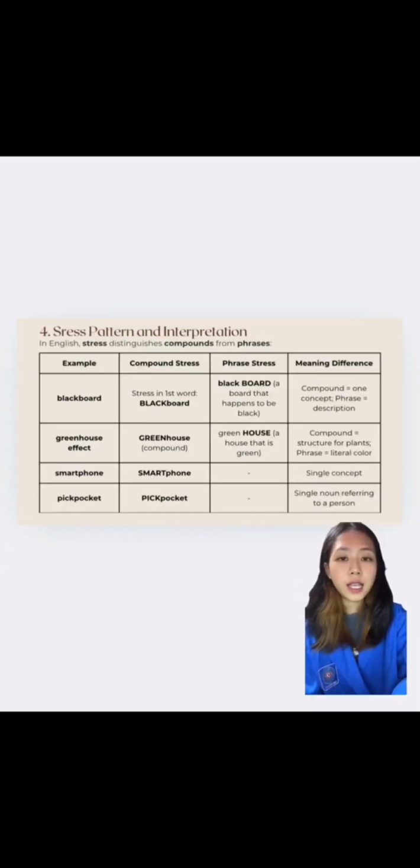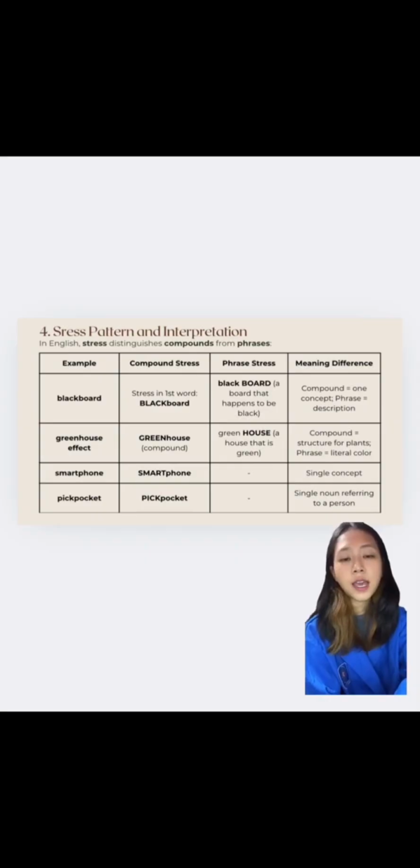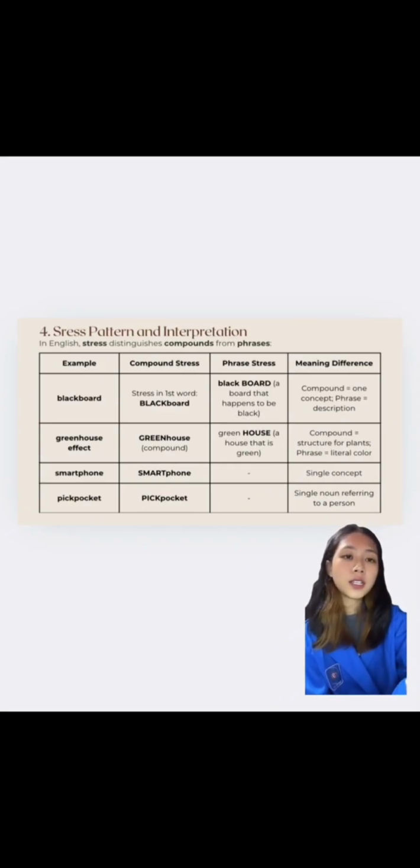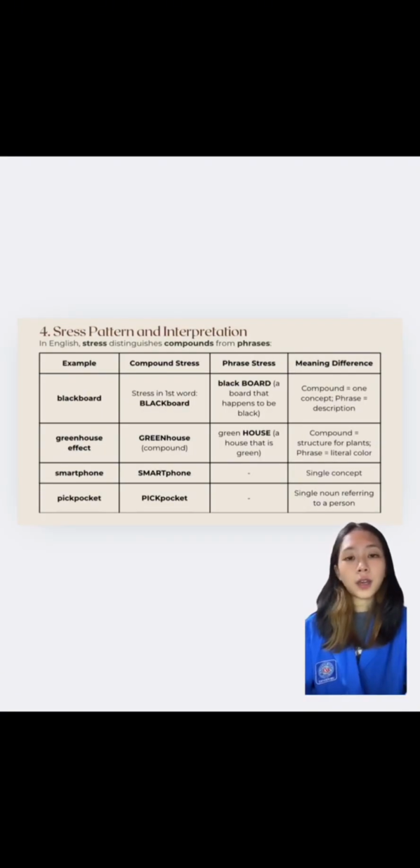So, the next slide, number 4, stress pattern and interpretation. In English, stress distinguishes compounds from processes. This is table 2. As you can see guys, many examples in this table. So I will explain this slide with simple points for you guys.